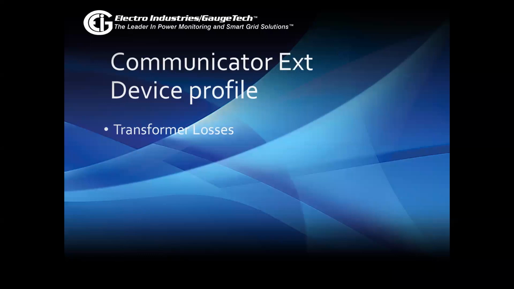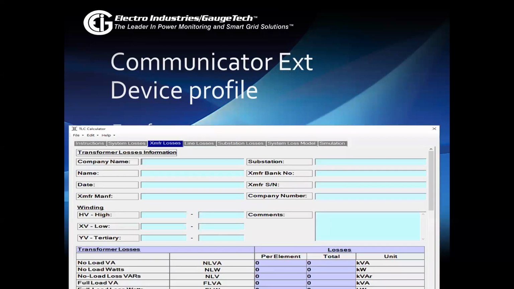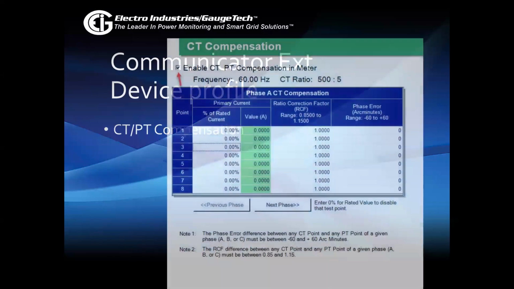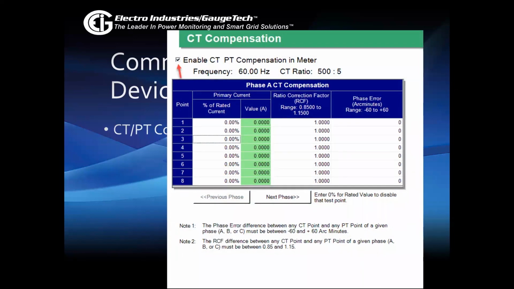Now we talked about the transformer losses, I apologize, and CTPT compensation, which is the errors that are accounted for, inherent in the meter, and typically inherent in the transformers, the instrument transformers.